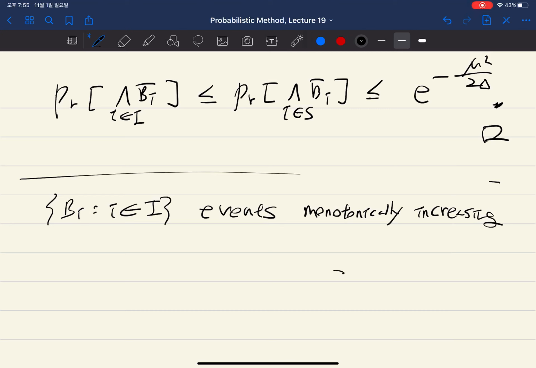So again, we have a universal set, and each element there belongs to R. But now, R is some random set in omega. But we don't know whether each element belongs to R in an independent way or not. We don't know that. And B_i is just some event that if it holds for R, then it holds for a superset of R. So that's all we know.